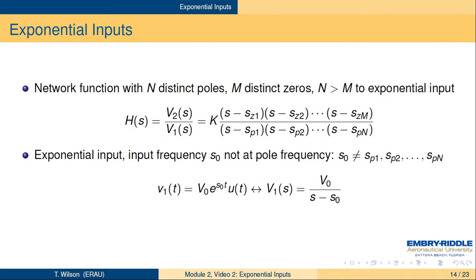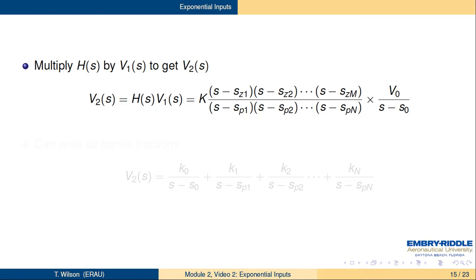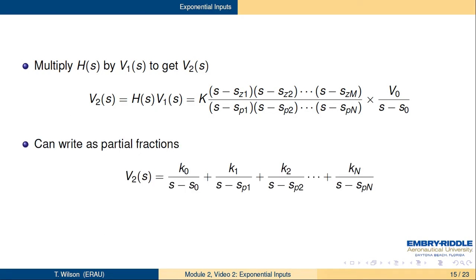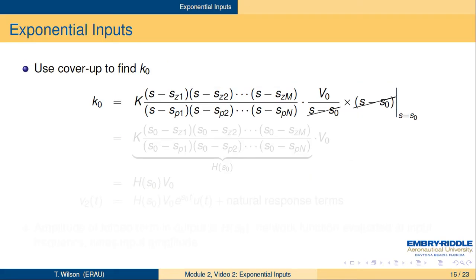So when we Laplace transform that, we get V naught over s minus s naught. We multiply the transfer function by the input in the s domain to get the output in the s domain. And then we know we can write our answer as partial fractions. So we know we're going to get e to the s naught t, e to the sp1 t, e to the sp2 t, etc. n plus 1 exponentials in the output.